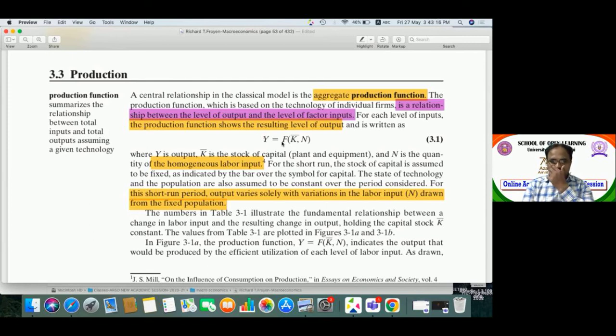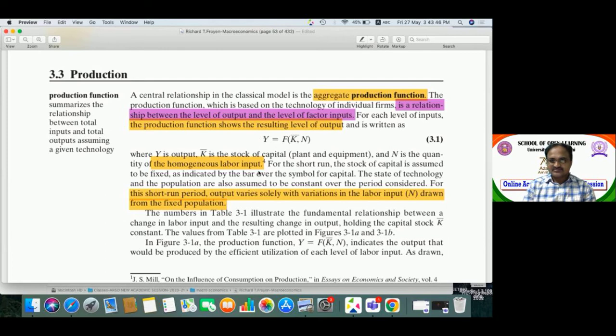The classical production function is Y = f(K̄, N). Here Y is the output, and K̄ is the stock of capital. Stock of capital means, in the initial stage, a minimum level of investment, like plant, equipment, infrastructure, whatever you can say. And N is the quantity of homogeneous labor input.